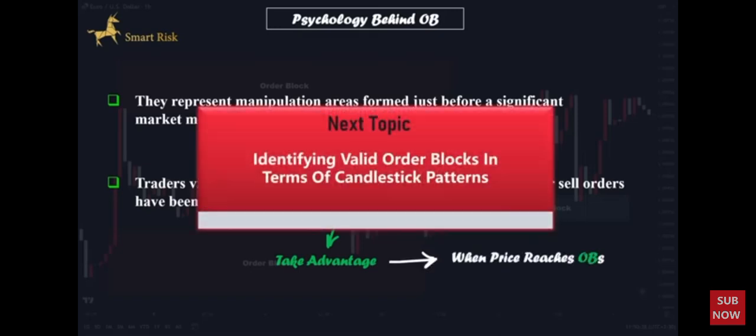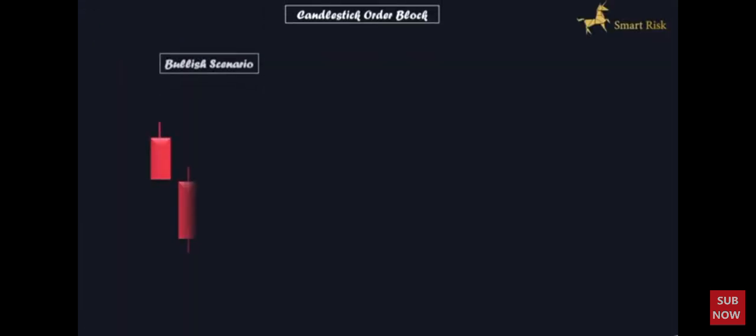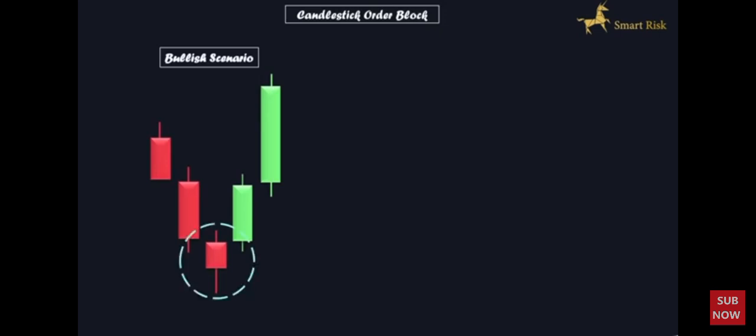Now let's proceed to the next topic and discuss how to identify a valid order block in terms of candlestick patterns and see the various scenarios that we might encounter in identifying candlestick-based order blocks on the chart. In a bullish scenario, a candlestick-based order block refers to the last selling candle before the price starts pushing upward drastically.